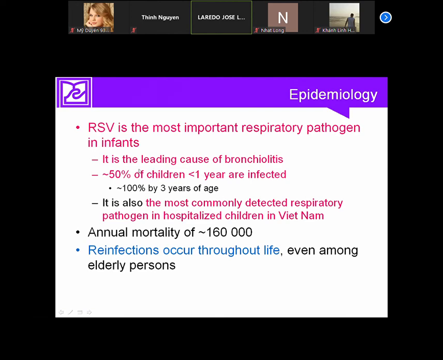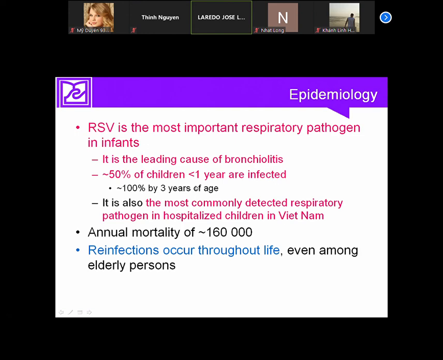Respiratory syncytial virus is the most common cause of bronchiolitis. Bronchiolitis is a lower respiratory tract disease, an inflammation of the bronchioli. And very common, look, around 50% of children younger than 1 year, so infants, are infected.